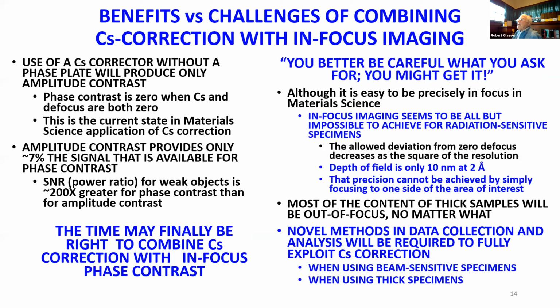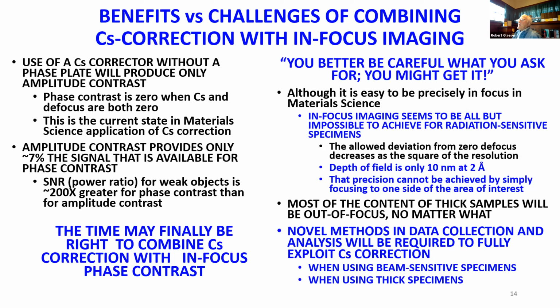Now, in material science, again, there is no problem to record the images precisely in focus. You just look at the thing with the phase plate on and the spherical aberration corrected and focus until it's right. We cannot do that with biological objects. We have to shoot blind.